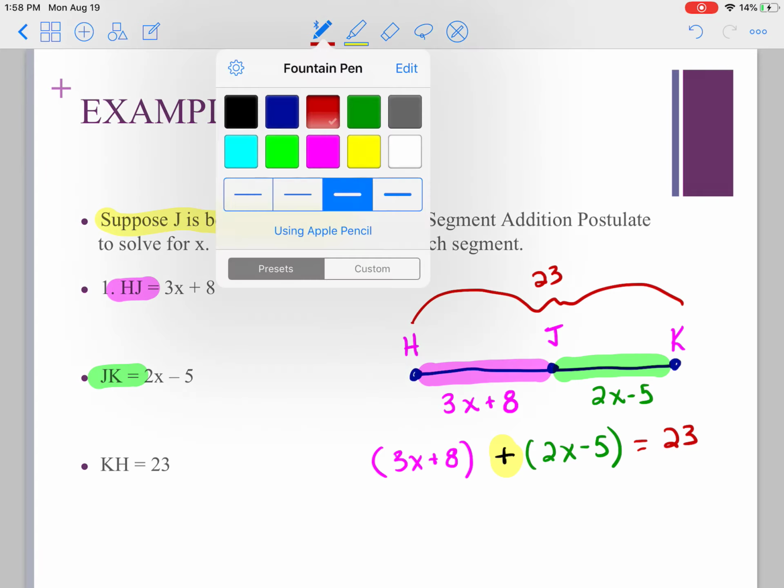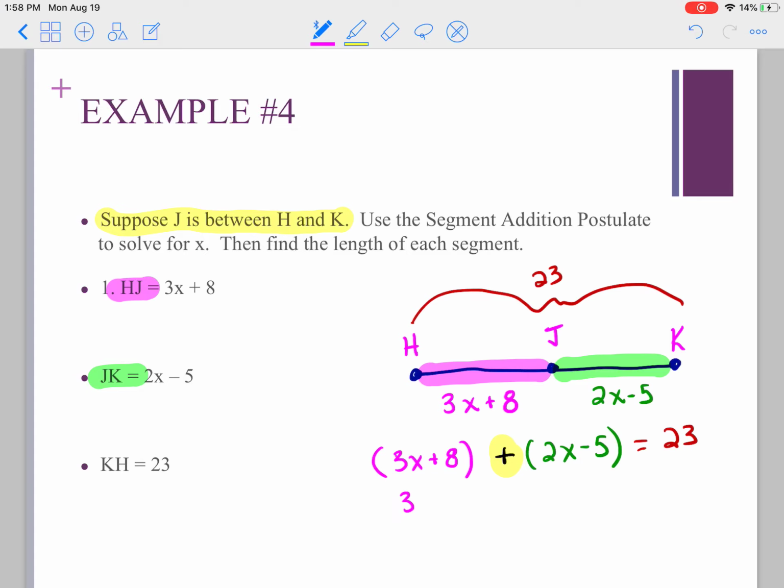When I rewrite that, I can rewrite it as 3x plus 8 plus 2x minus 5 equals 23.